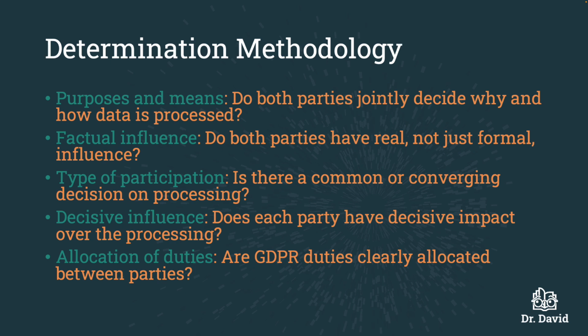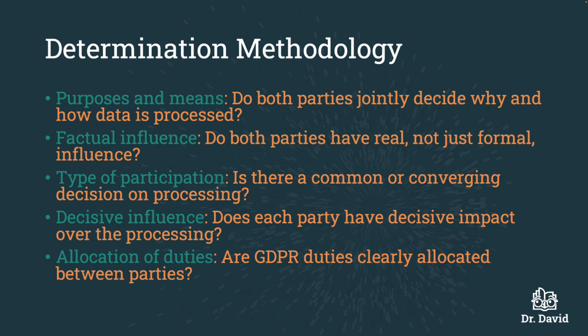With regards to purpose and means, the question that you want to ask is, do both parties jointly decide why and how data is processed? For factual influence, do both parties have real, not just formal, influence? For type of participation, is there a common or converging decision on processing?